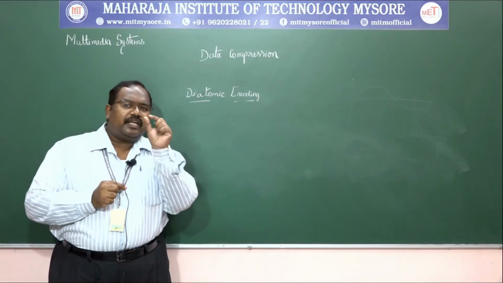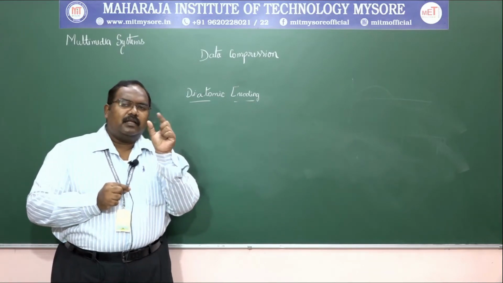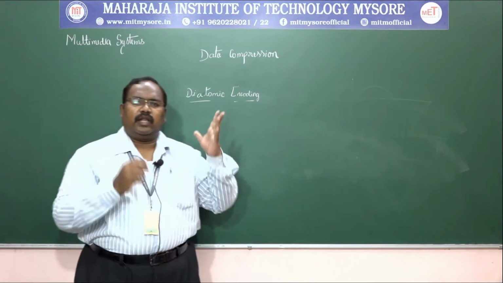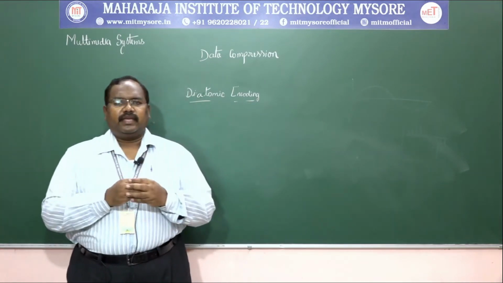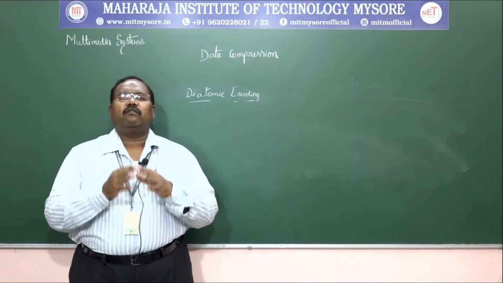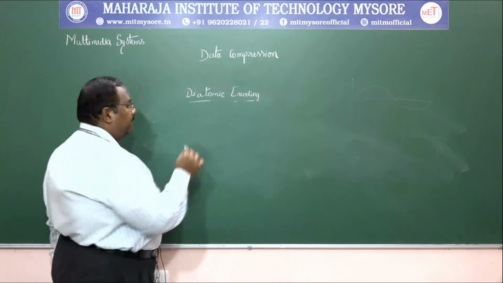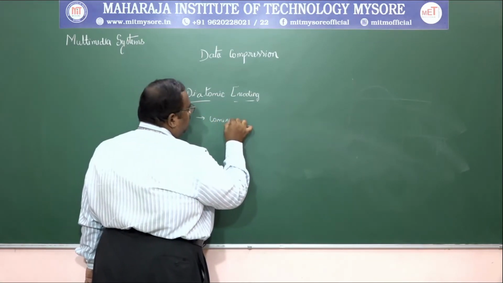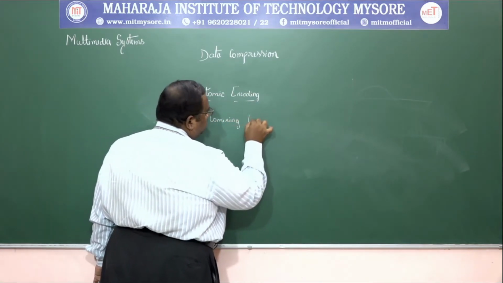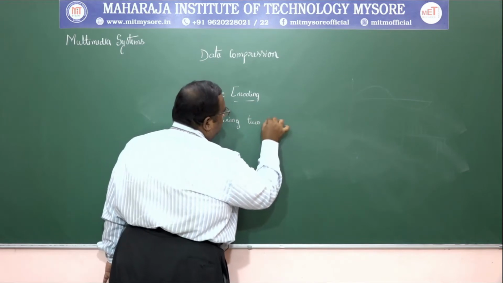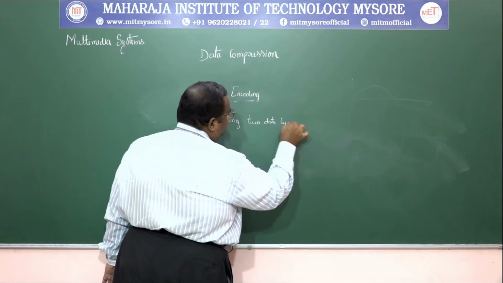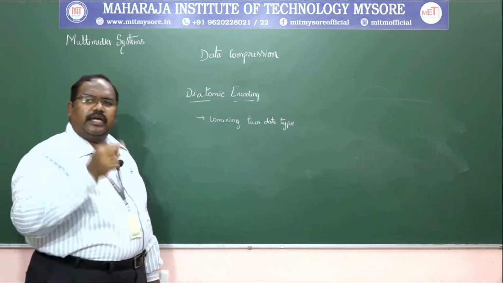So the smallest entities, two of them, are combined for the encoding process. The name itself makes the concept very clear. It is a variation based on the combination of two data types, or two characters.